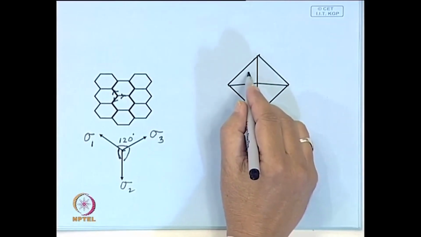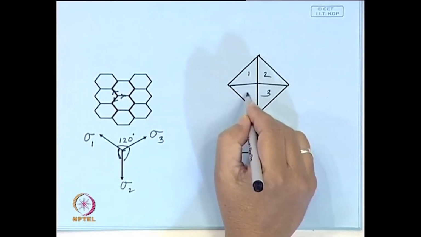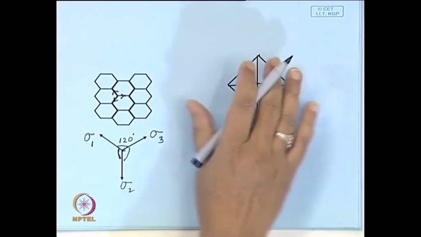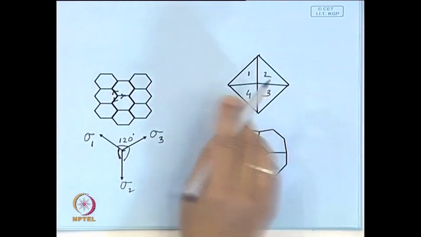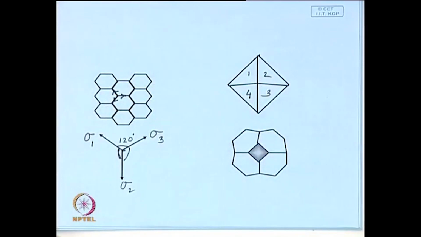On the top there are surfaces 1, 2, 3, 4, so this is 4 surfaces, and 4 at the bottom. But if you try to pack it, you will not be able to fill up the space.